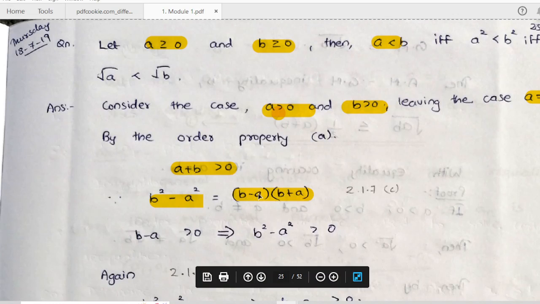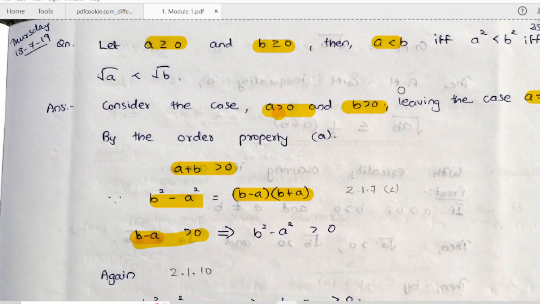So B minus A is greater than 0, because we know B plus A is greater than 0. അപ്പോൾ ഈ ഒരു ടേം തന്നെ greater than 0 എന്ന് പറയാം.